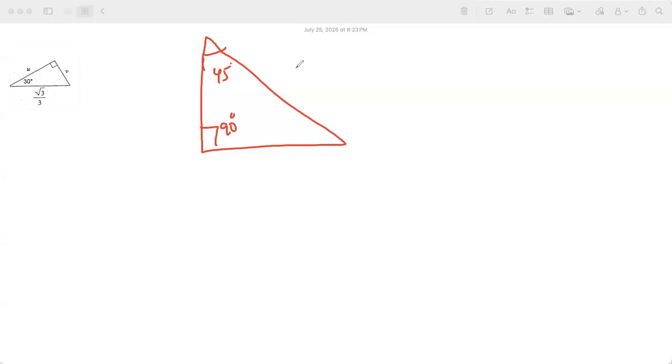Okay, good. Now, there's a 45-45-90 triangle. Let's say this side will be equal to 2. What are the other two sides? See, when it comes to radicals, you'll have to be very, very careful.